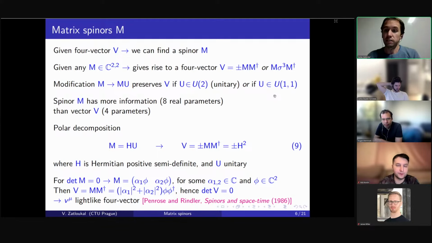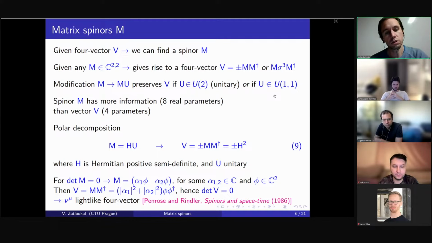In either case, this is a freedom of 4 real parameters. So the spinor M has more information. It has 8 real parameters, the 4 complex numbers of the 2x2 complex matrix, and the vector has only 4 parameters, and the extra 4 parameters are this freedom.